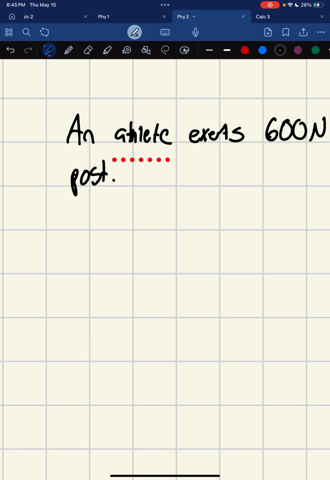If she wiggles the rope with the period 0.575 seconds and amplitude 3 centimeters, what is the angular frequency of the oscillation?